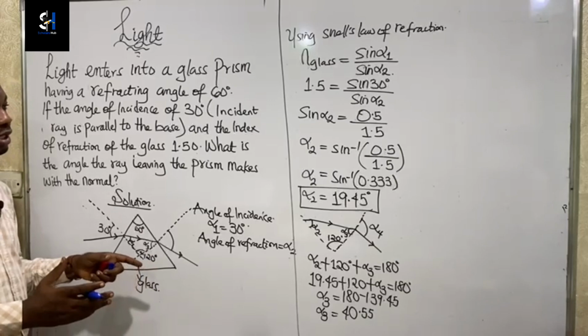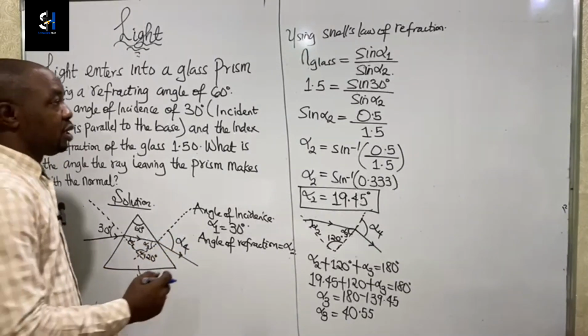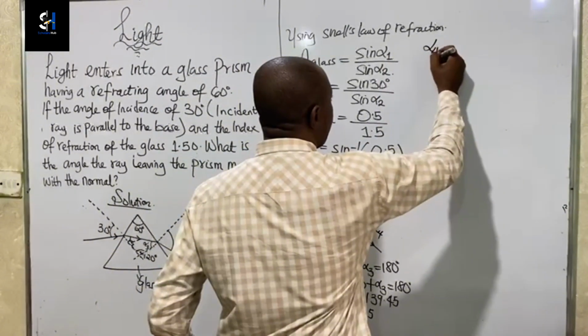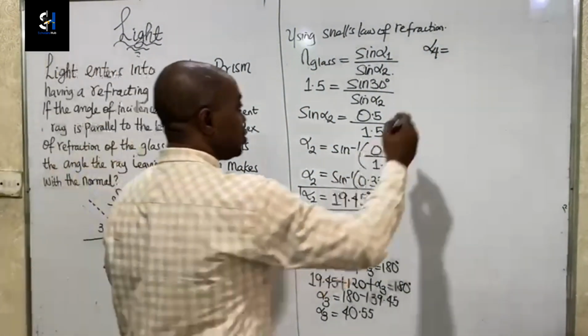So to calculate the value of alpha 4, this angle, alpha 4 is the angle the ray leaving the prism makes with the normal.